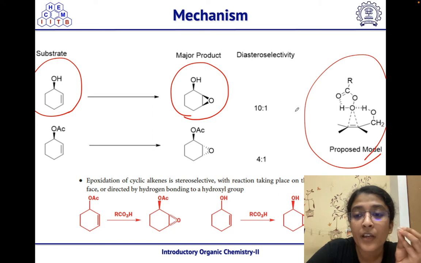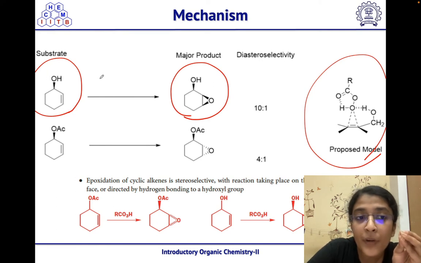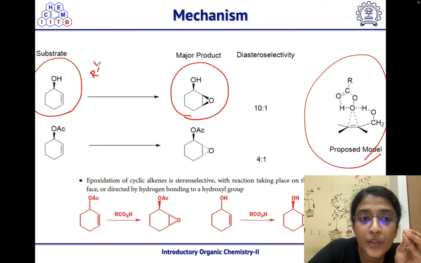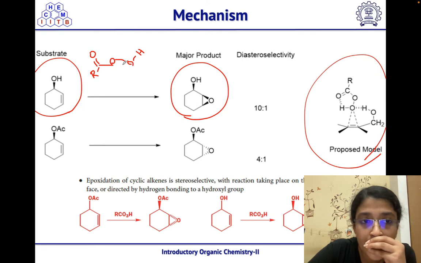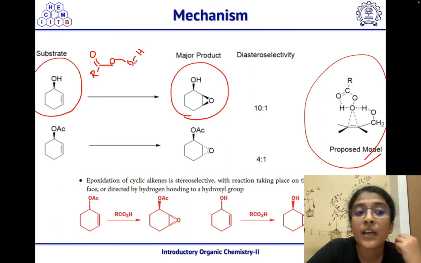Once again, repeat, ma'am. Here this alcohol will form hydrogen bonding with RC double bond O OH. This is the peracid, and this is the electrophilic oxygen atom, where this alkene will attack and lead to formation of epoxide.